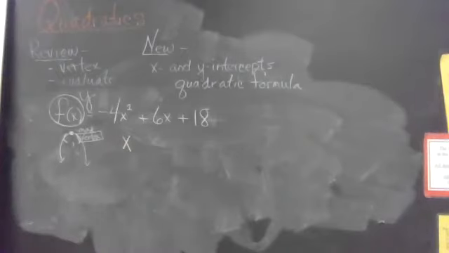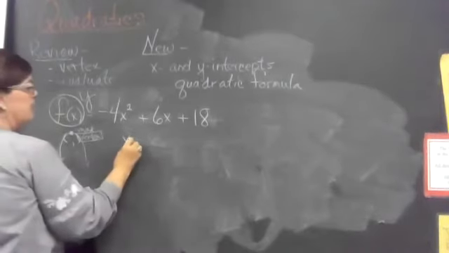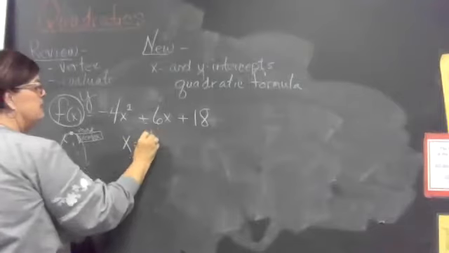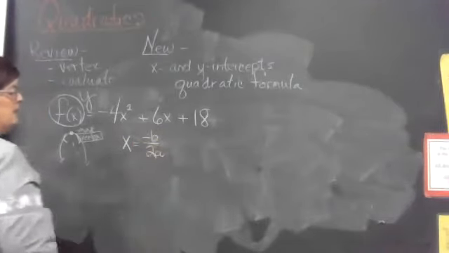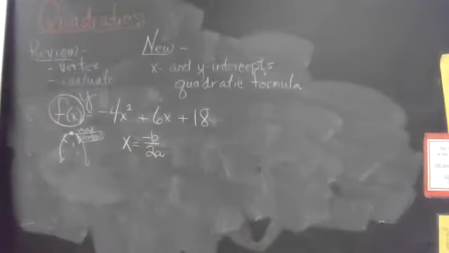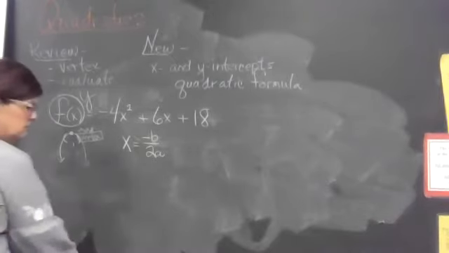To find the x part, you will take negative b over 2a. Negative b over 2a. Now this is something that you need to memorize because I don't think it's on your formula chart.